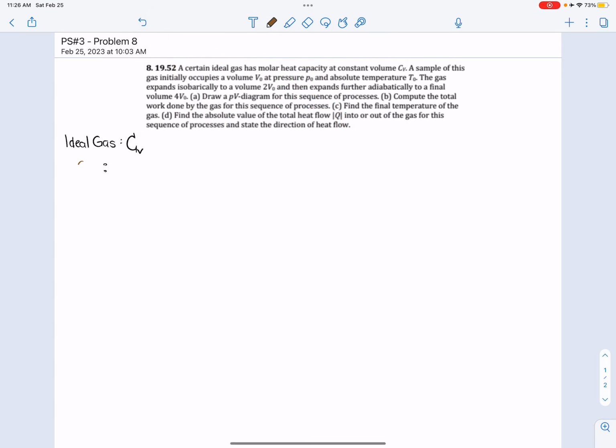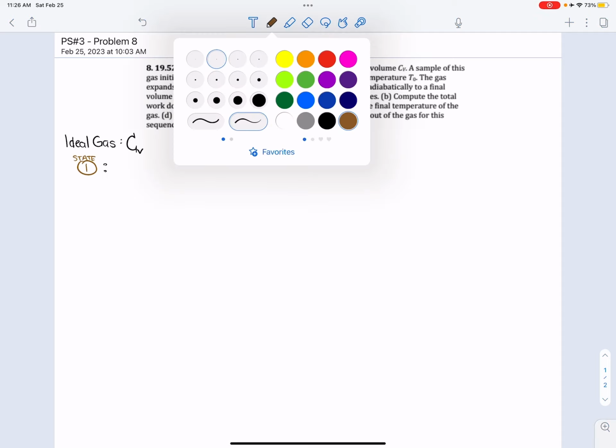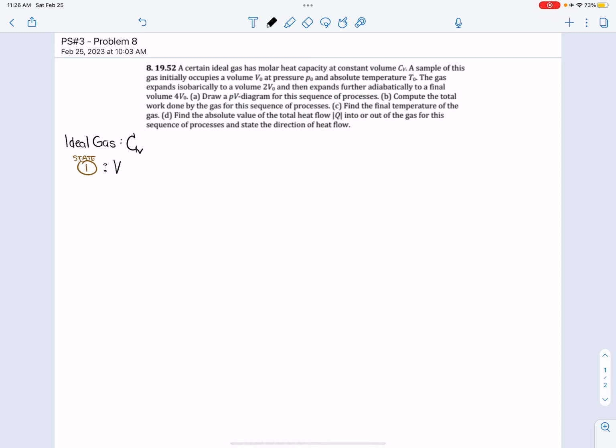At state 1, I have a volume of V0, a pressure of P0, and a temperature of T0. And that's absolute temperature. The gas expands isobarically to a volume of 2 V0, and then, let's pause there.